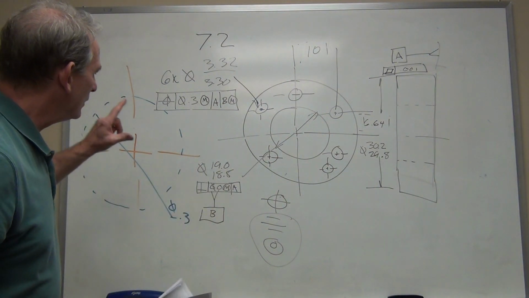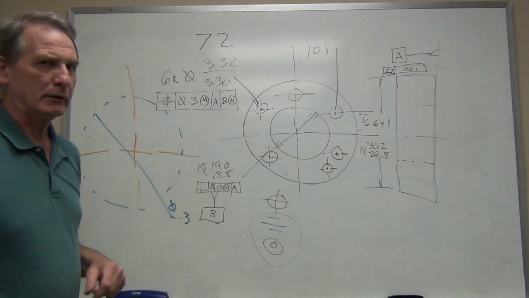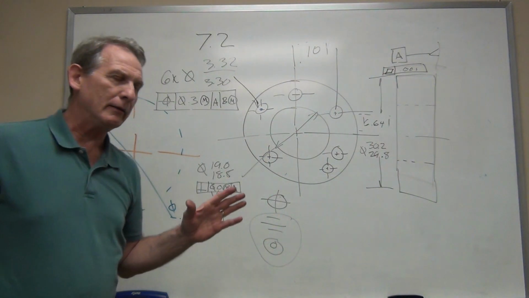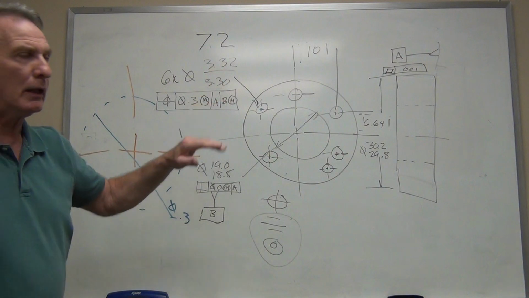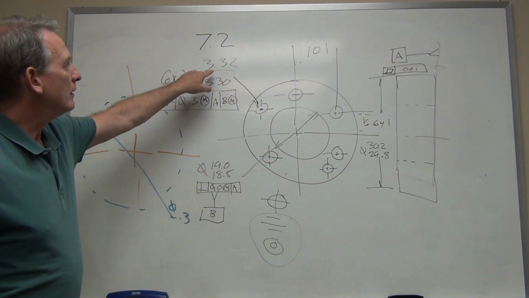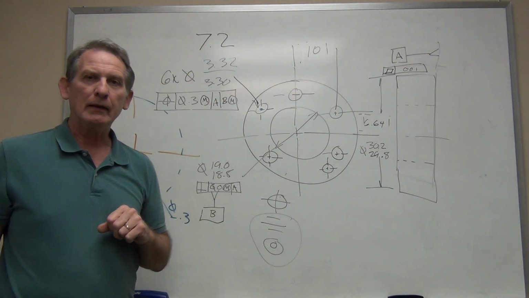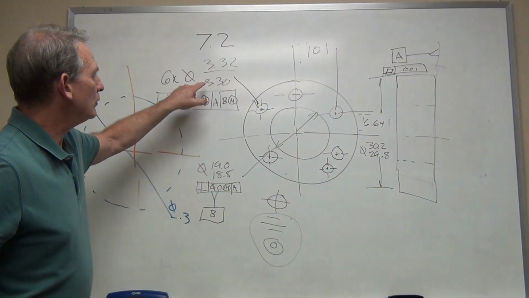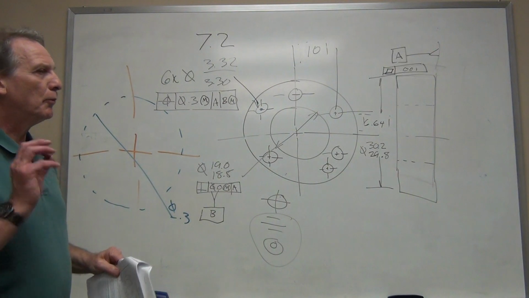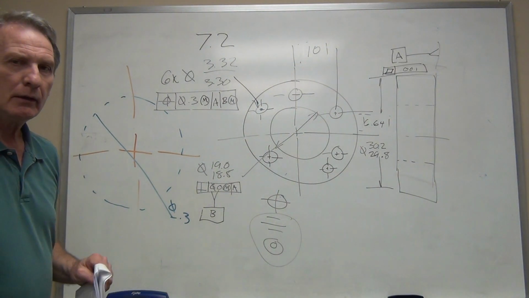Okay, so now let's look at what this material condition modifier means. We know that in the case of the material condition modifier in the tolerance zone block, we look at this hole, this feature. It is a feature of size. It has a tolerance of 3.32 to 3.30, so 0.02 allowance.